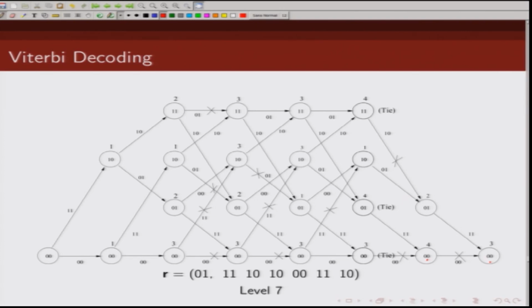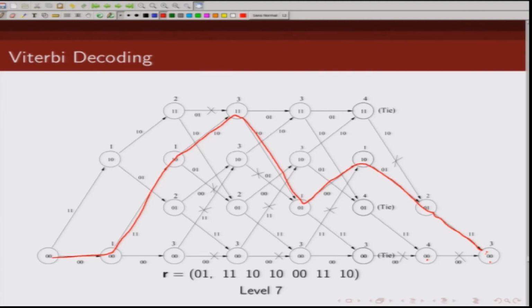You can see that when we reach this all zeros final state, there is only one surviving path, and if we track back, it is this path, this path, this path, and so on. So, there is one surviving path that you will get, and this is my decoded code sequence.